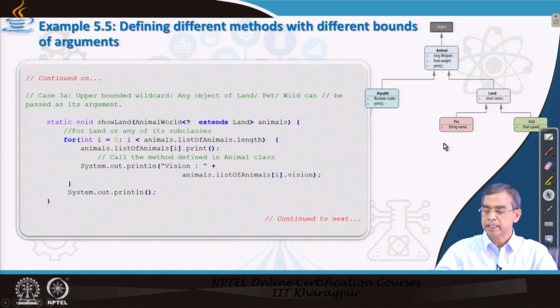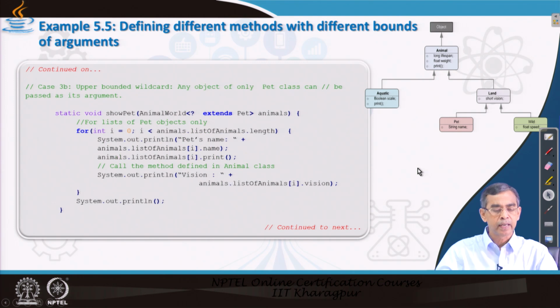It is called showLand, the same as before, and it extends Land, which means it is an upper bound argument, Land, and this method has the scope of this one. Likewise, we can declare other methods, namely for Pet and Wild, showPet and showWild.